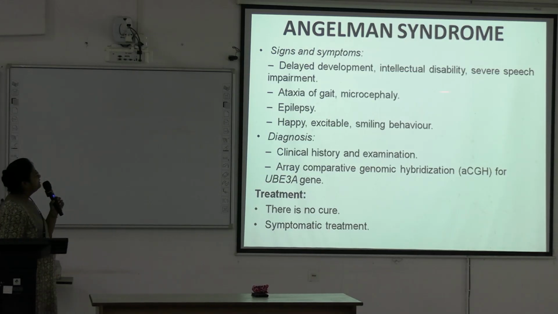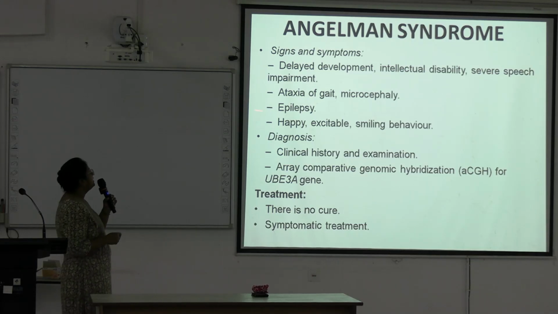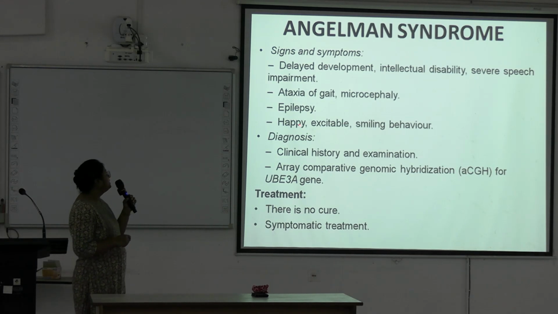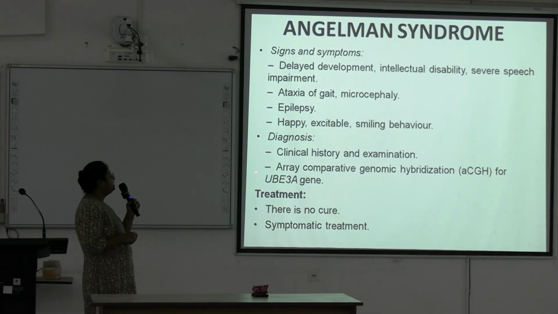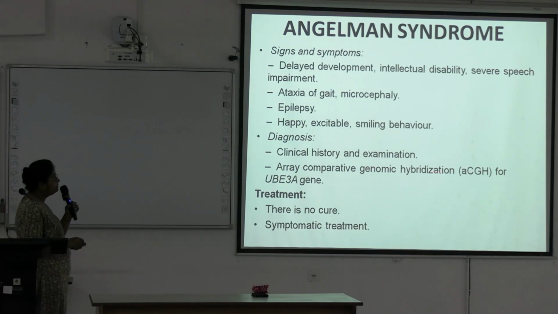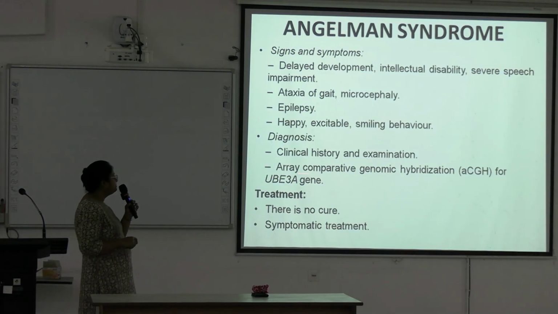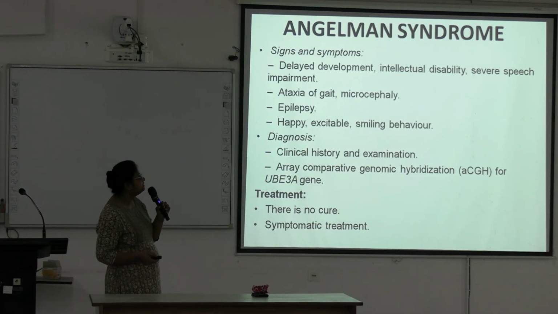There will be delayed development, intellectual disability, severe speech impairment, ataxia of gait, microcephaly, epilepsy, and happy, excitable, smiling behavior. That's why they are known as happy puppet syndrome. Diagnosis is done from clinical history and examination, and array comparative genomic hybridization, aCGH, for the UBE3A gene. So this is the method of diagnosis. There is no cure, only symptomatic treatment can be done.